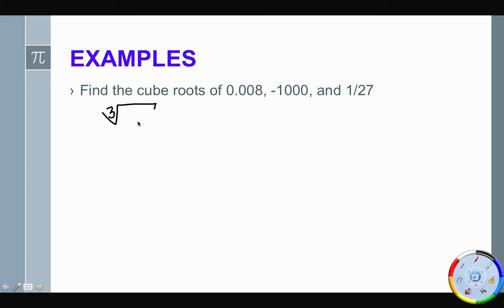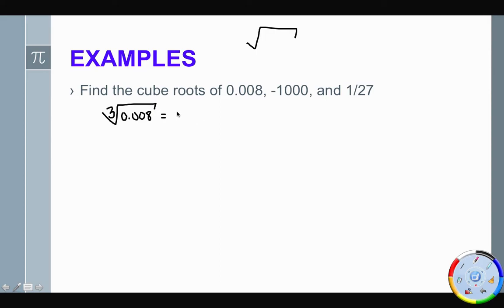That right there is the cube root. We call this the square root, and the number in front, called the index, is a 2, but we don't write it. We understand this to be the square root. If there is a 3 in the front, that means it's the cube root. And we're looking at 0.008.